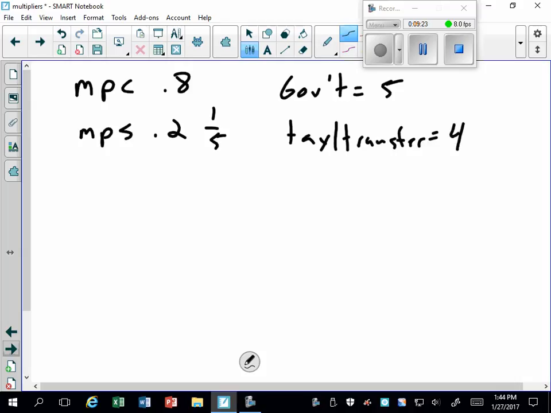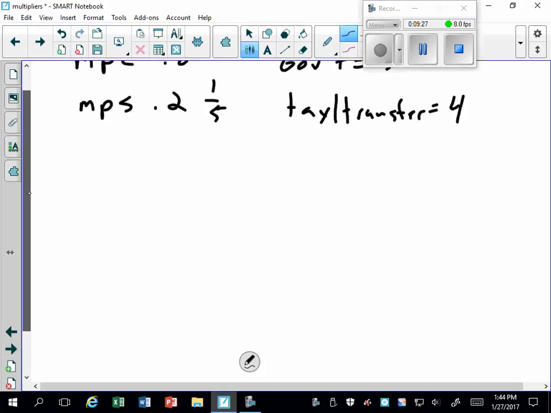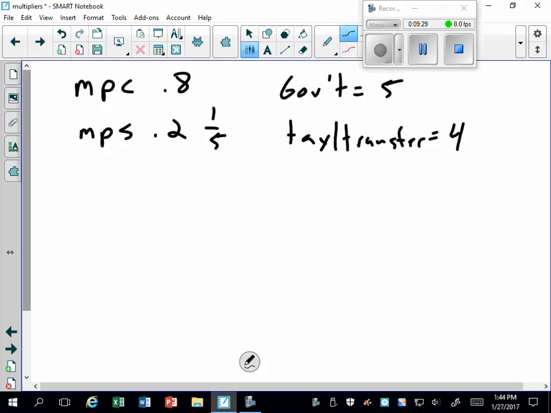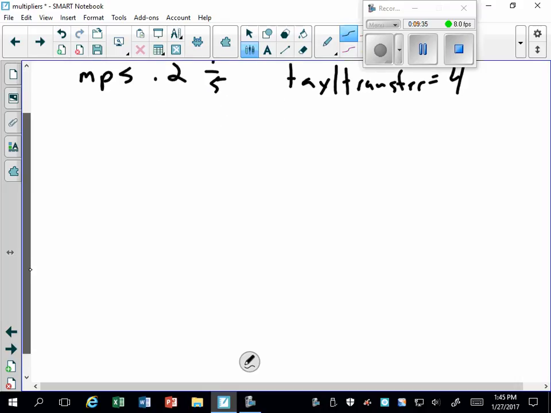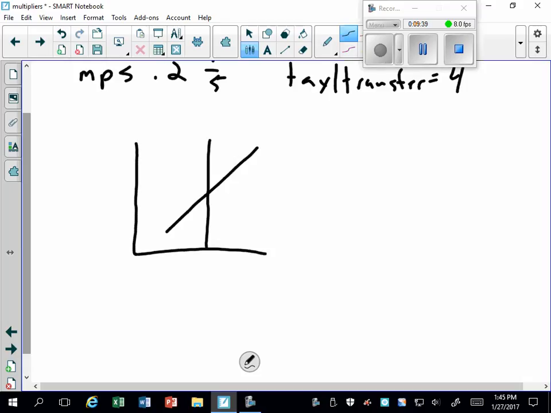It's just important to remember that the tax one is technically supposed to be negative, but a lot of times when you do the math, they're going to ask you, should taxes increase or decrease? That's where that negative comes into play. So if we now graph this down here, let's say they tell you, and maybe they don't even ask you to graph it, that potential GDP is $1 trillion.